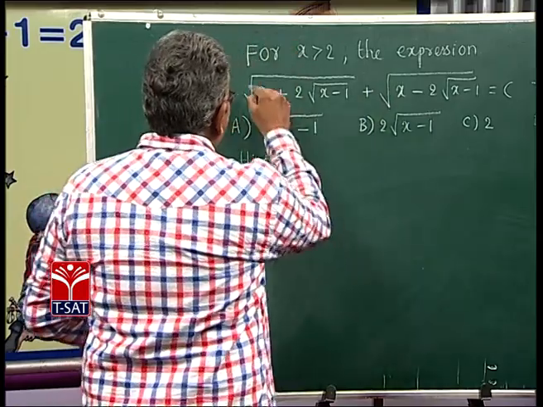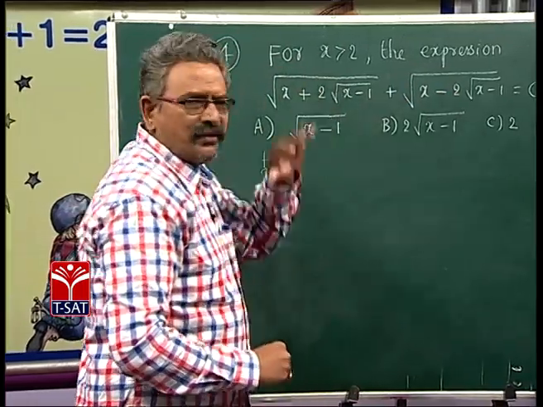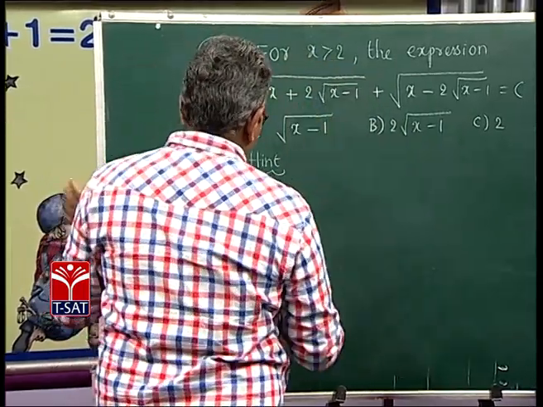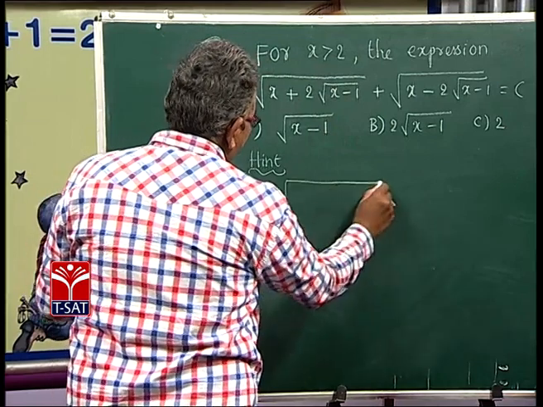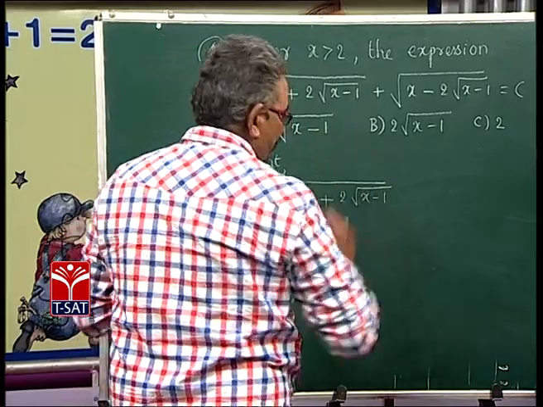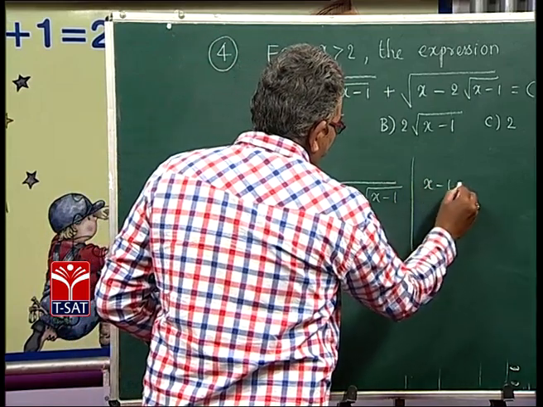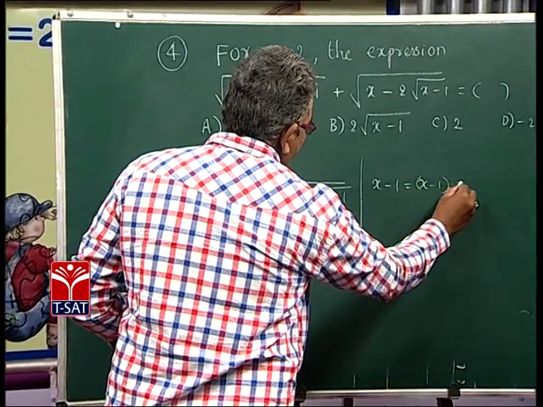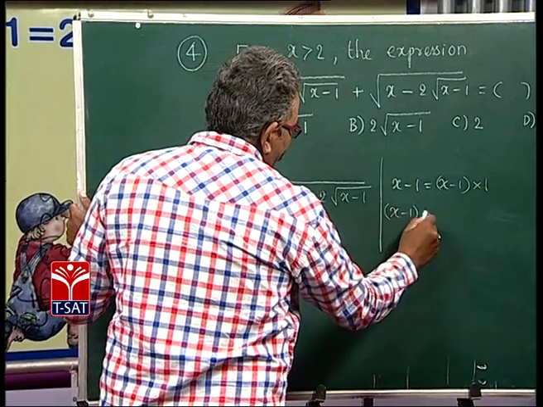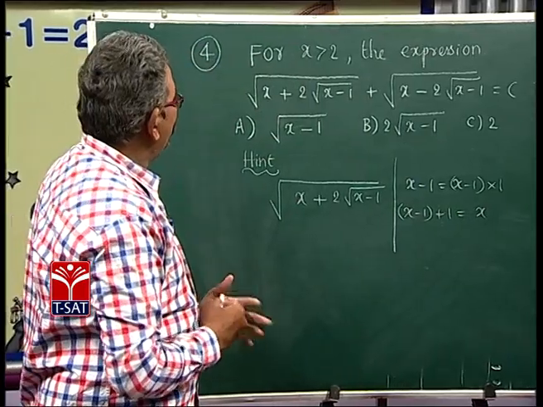First, let us find out square root of x plus 2 root of x minus 1. This will be the conjugate of this one only. So, first let us find out square root of this one. Square root of x plus 2 root of x minus 1. Here this x minus 1 can be written as x minus 1 into 1. Now add x minus 1 plus 1. What do you get? 1 and 1 get cancelled, you get x. And also what is the condition given?